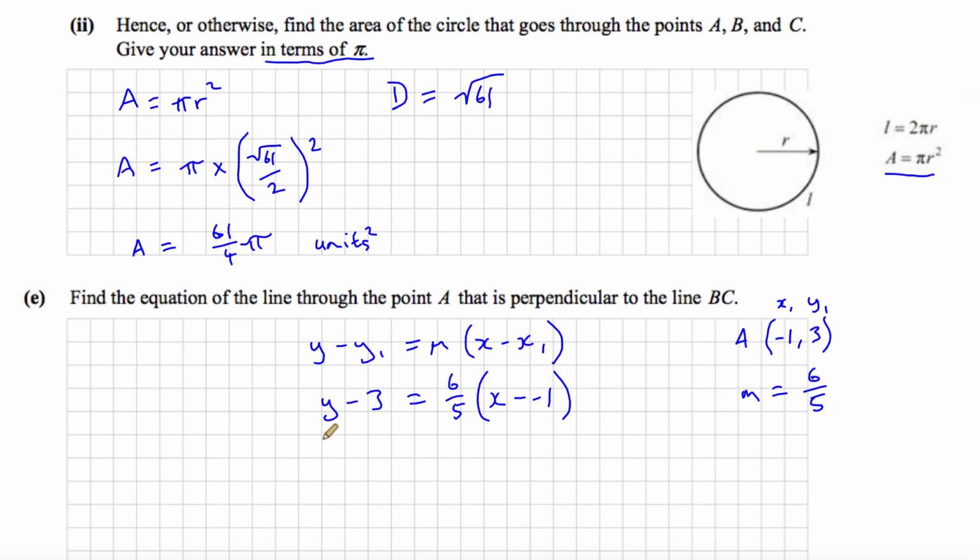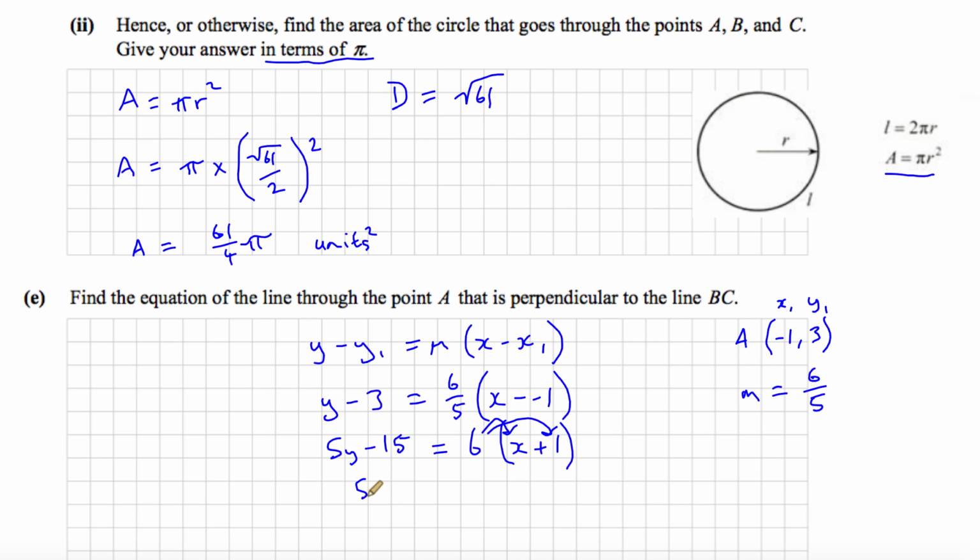Now when we tidy this up, we're going to multiply across by 5, so we get 5y minus 15 is equal to, 6/5 times 5 just leaves the 6. And then in here this does not get multiplied by 5. So x minus -1, the minus and a minus sign beside each other becomes positive. So now we're just going to multiply this out.